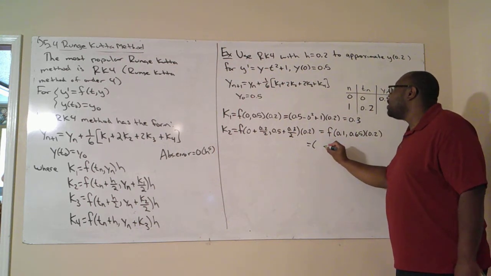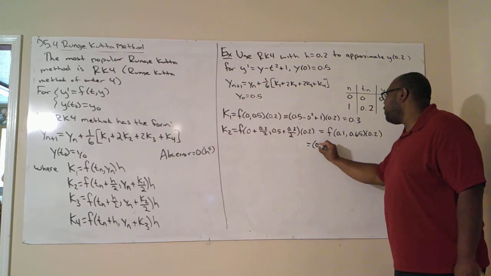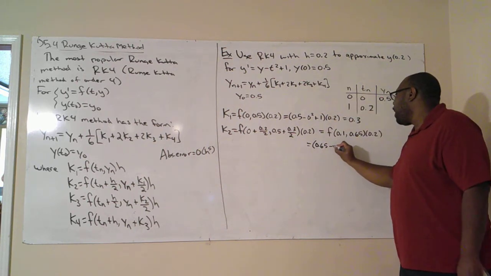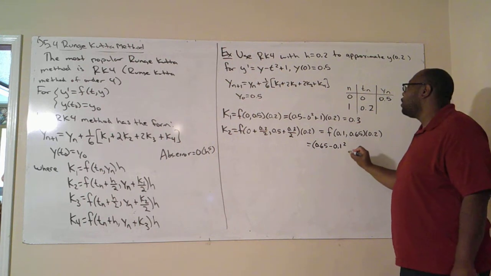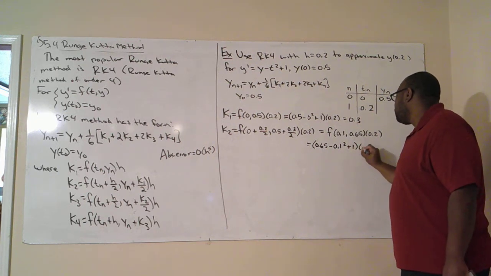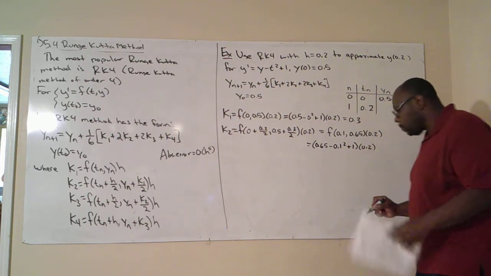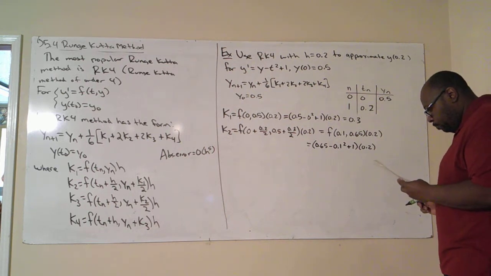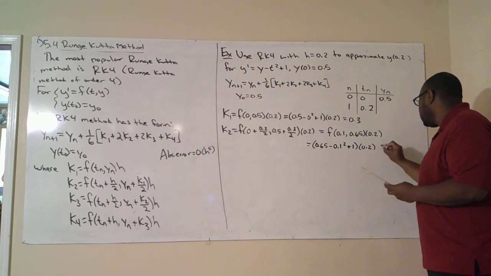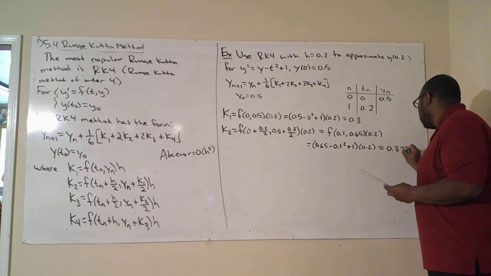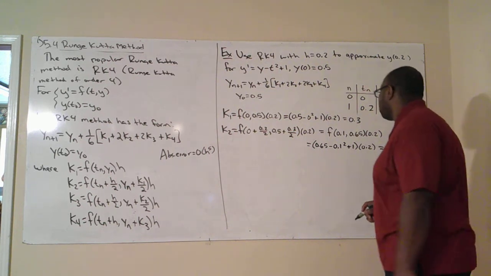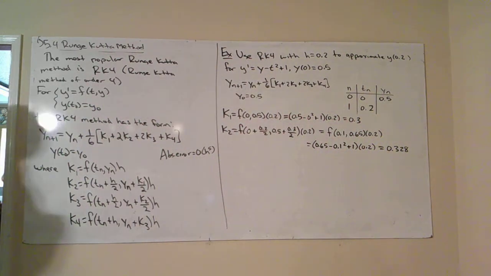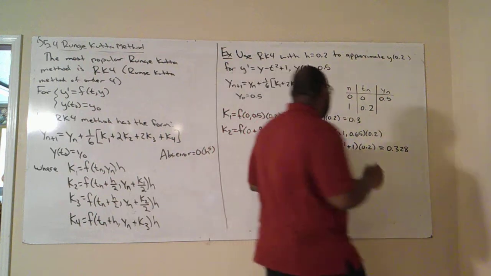So I get 0.65 minus 0.1 squared plus 1, times 0.2. And when I plug it in, I get 0.328. So that's my K2. Let's just box these guys so we know what we have here.